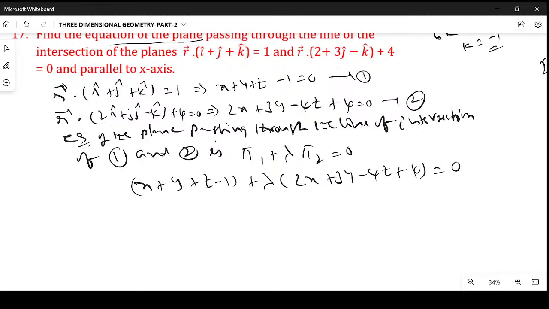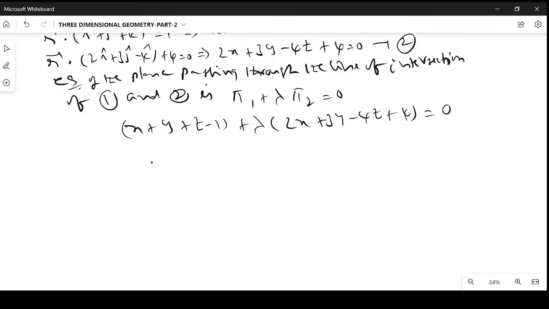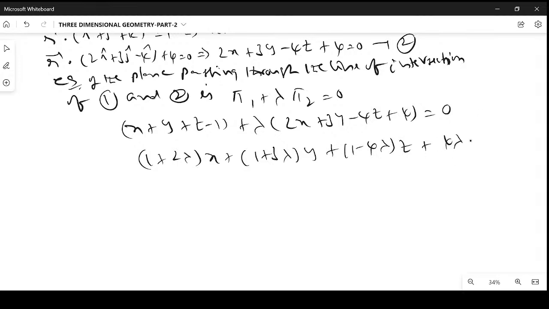Okay, this plane is parallel to the x-axis. We rearrange this one. What does it come to now? (1 plus 2 lambda) into x, (1 plus 3 lambda) into y, and (1 minus 4 lambda) into z, plus 4 lambda minus 1 equal to 0.